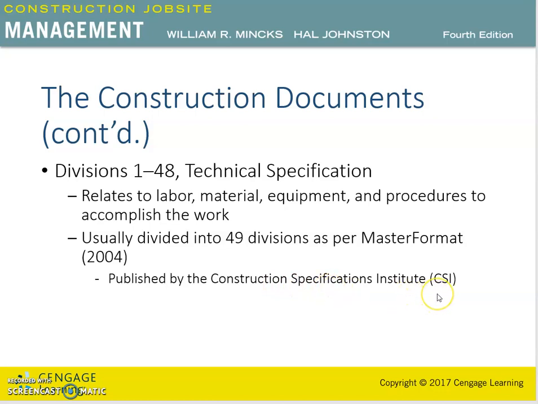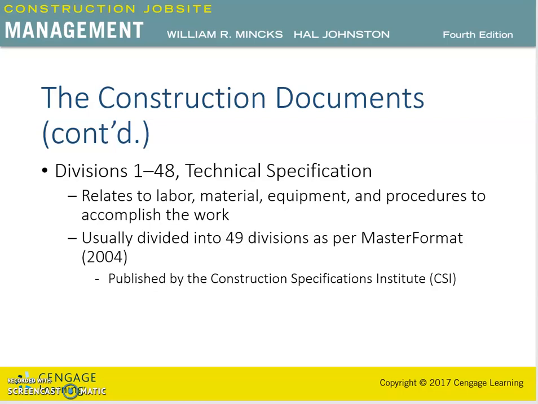This is a quite globalized document which is used in many countries. It is divided into 49 divisions. This MasterFormat is commonly used for most building construction specifications in the USA and of course in other countries as well.